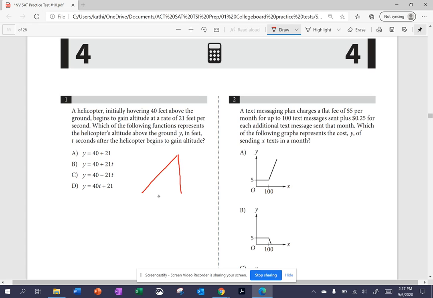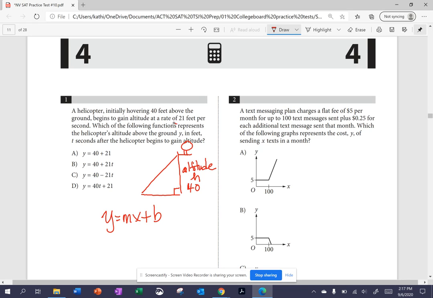Okay, so this is a right triangle. Here's my helicopter. Here's my altitude here, which is my height. And it says we are 40 feet above the ground. And my slope, so this is y equals mx plus b.